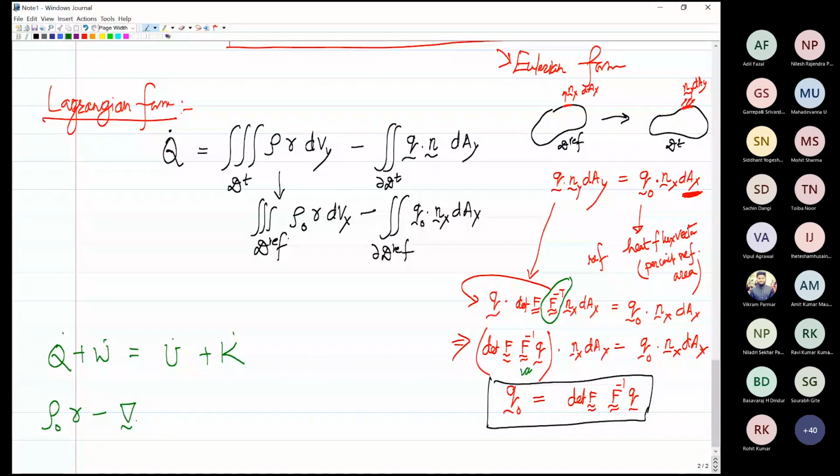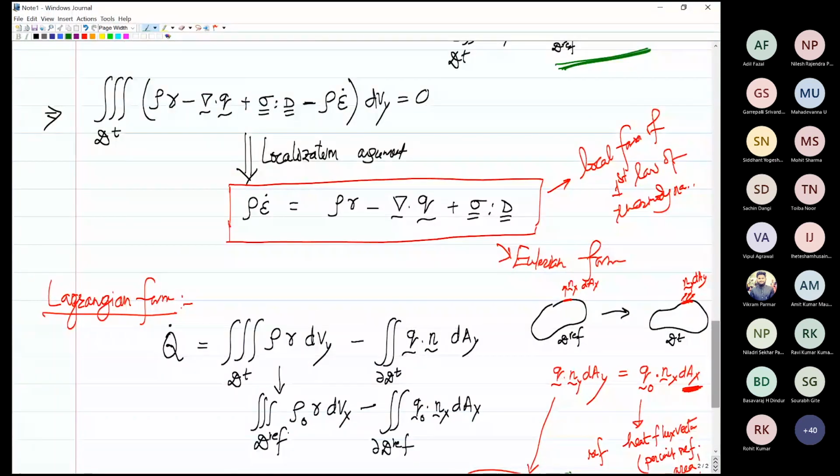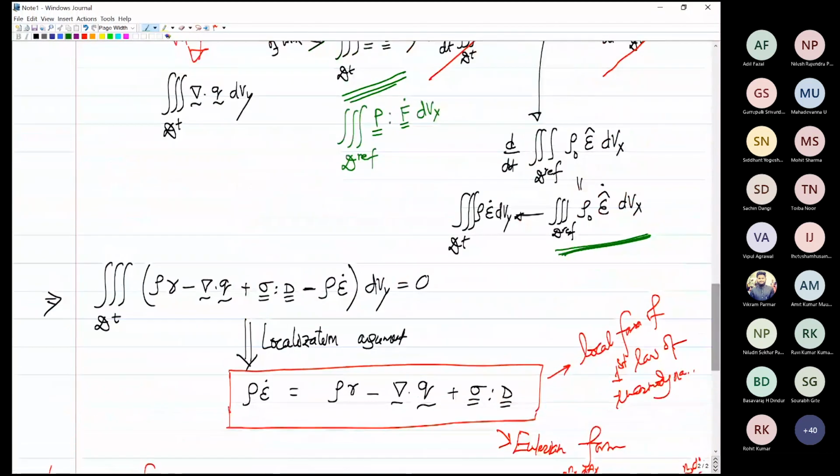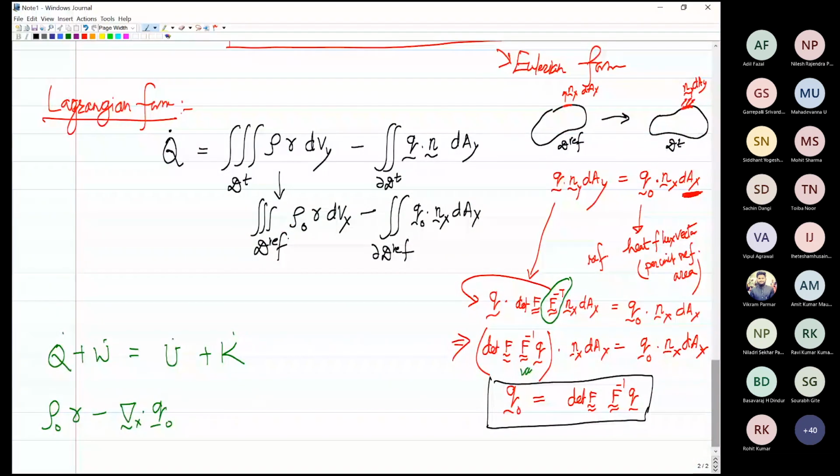Up here was the Eulerian divergence, with a y. That's the q dot part, and then you have the other one, P double contraction F dot, and that's equal to rho naught epsilon dot.